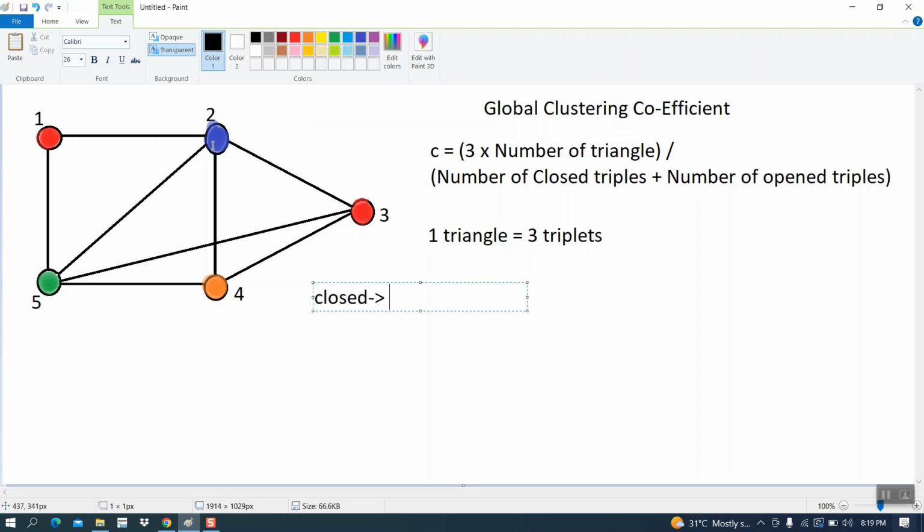5, 2, 4. It is one closed triple. 5, 1, 2. Then 5, 3, 4. 5, 2, 3.